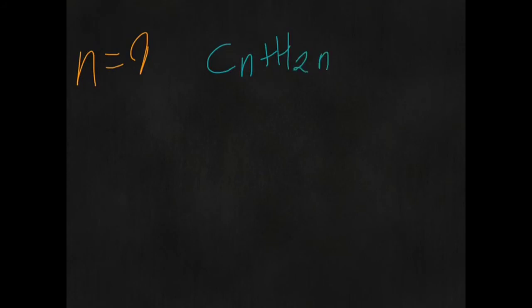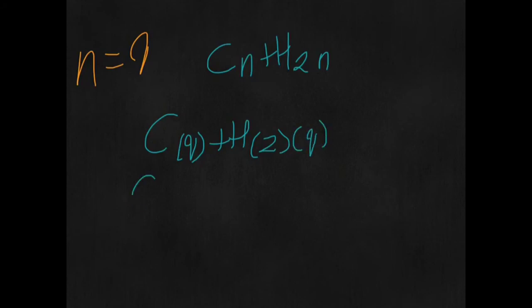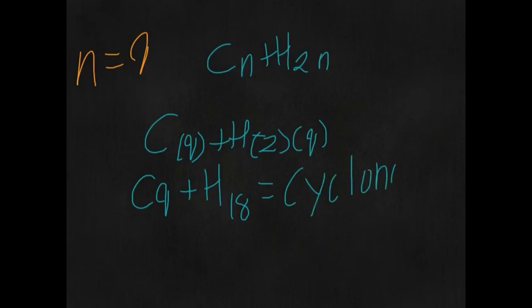We fill it in, so C9 H, 2 times 9, and we keep on filling it in, so C9 H, and 2 times 9 is going to be 18, and so we know that this is going to be a cyclononane.